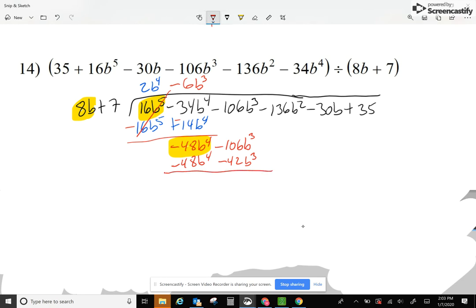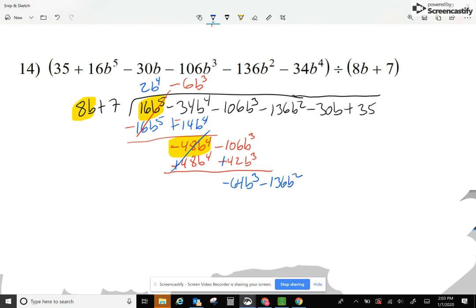I'm going to draw the line, change the signs. First term cancels out. Negative 106 plus 42. That gives me negative 64b to the 3rd minus 136b to the 2nd.